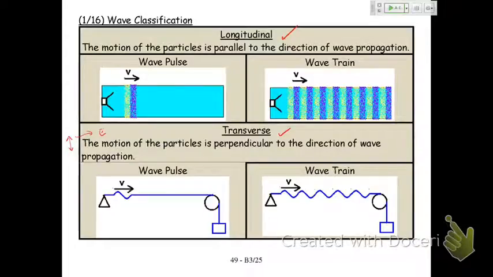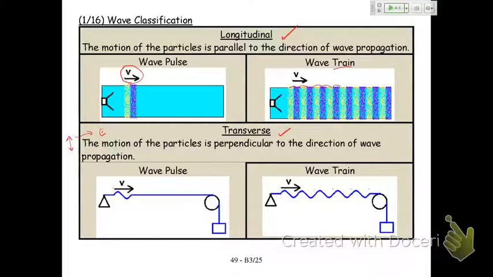I can represent them. This is a hard thing to represent, isn't it? I'm trying to draw a compression with more particles and a rarefaction with fewer particles. So it's a bit hard to draw. This is a wave pulse, meaning it's that flick. That's a wave pulse, so this would be a longitudinal wave pulse. If I flick and flick and flick with a regular frequency, I get a longitudinal wave train, like carriage after carriage after carriage.